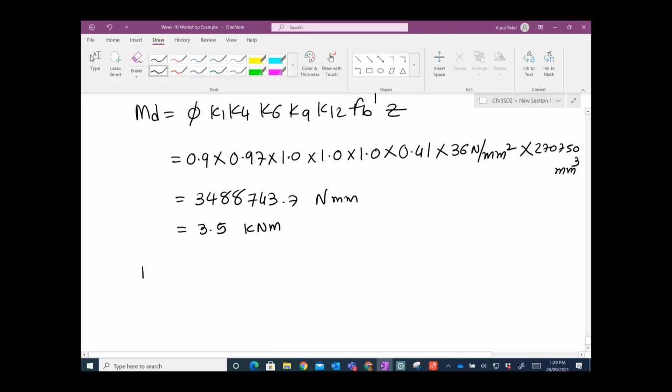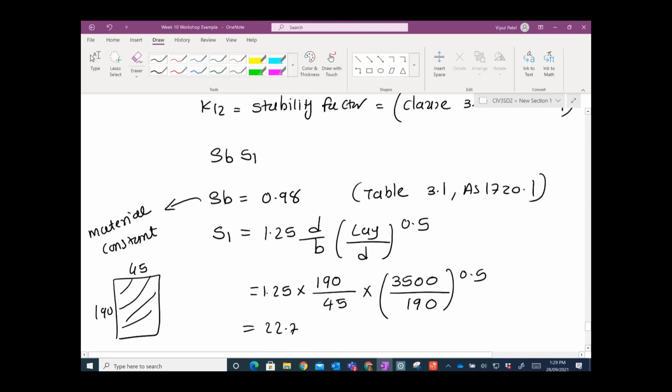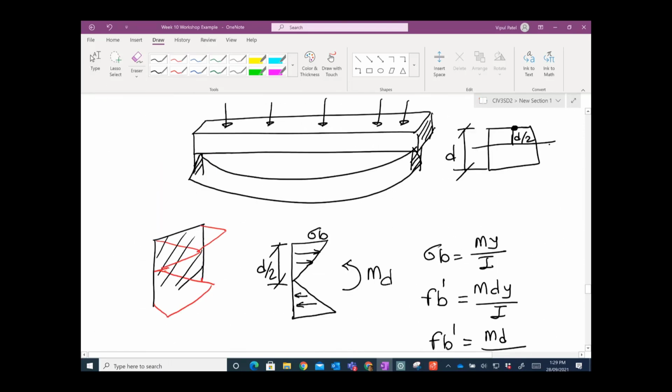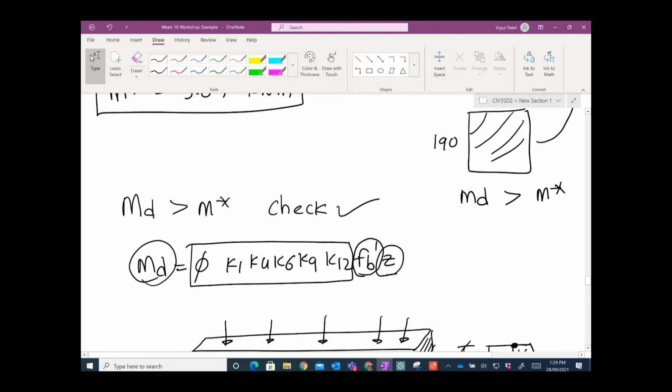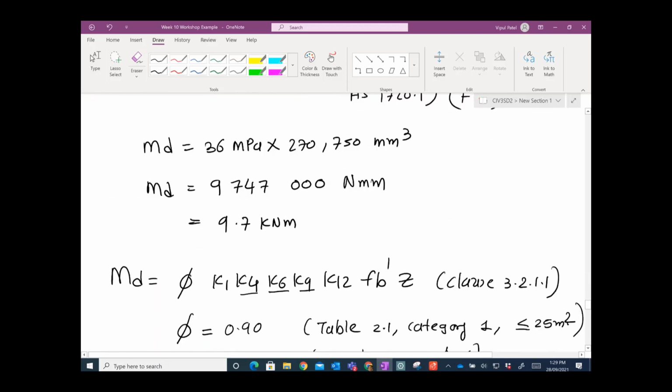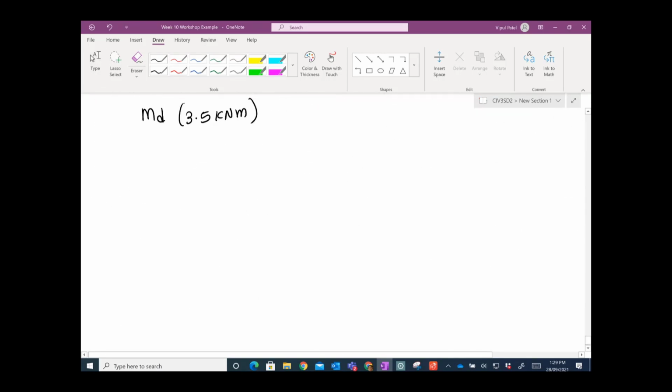So let's check the MD value of 3.5 kilonewton meters against M star. M star is 3.07. Just spot on. Look, in the real world, let's put it as 3.1.